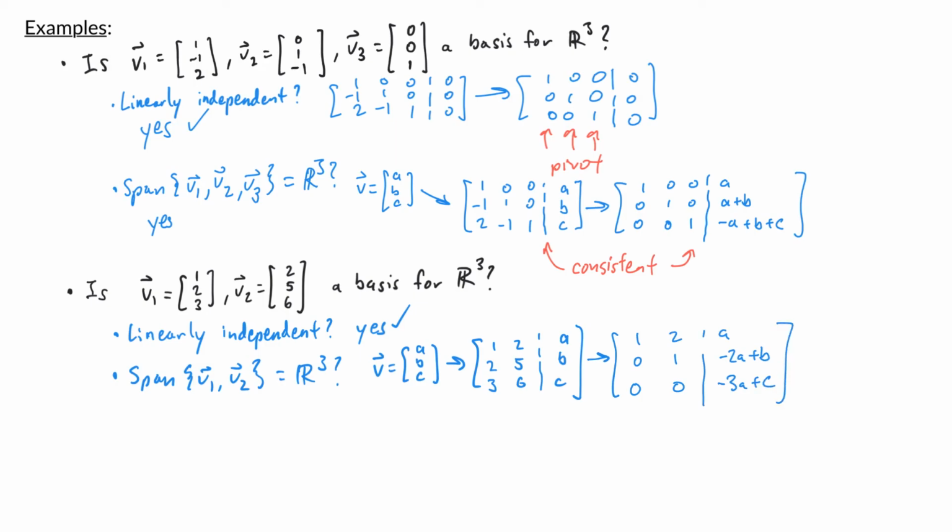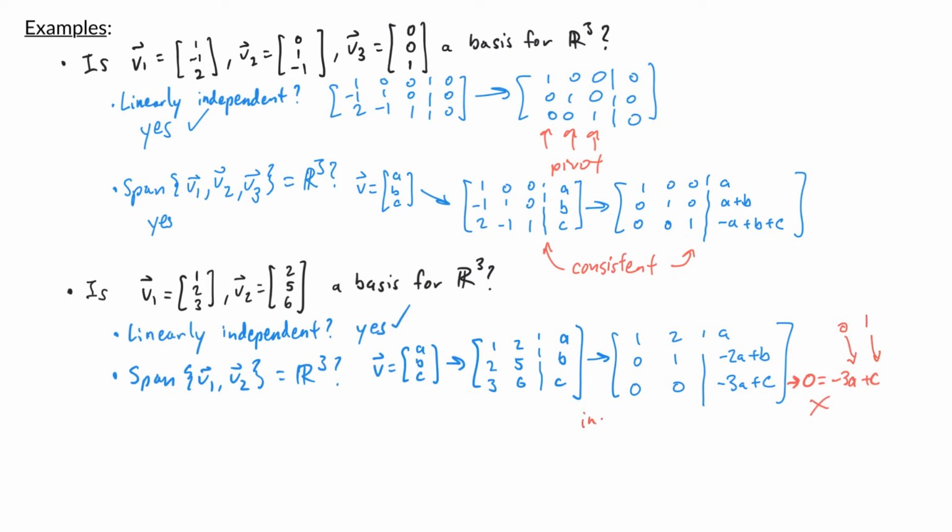I can tell that I have an inconsistent system here because this last row tells me that 0 equals negative 3a plus c. Since v was an arbitrary vector in R3, I can pick any value that I want for a, b, and c. So for example, if I pick a equals 0 and c equals 1, I see that this equation becomes 0 equals 1, which is false.